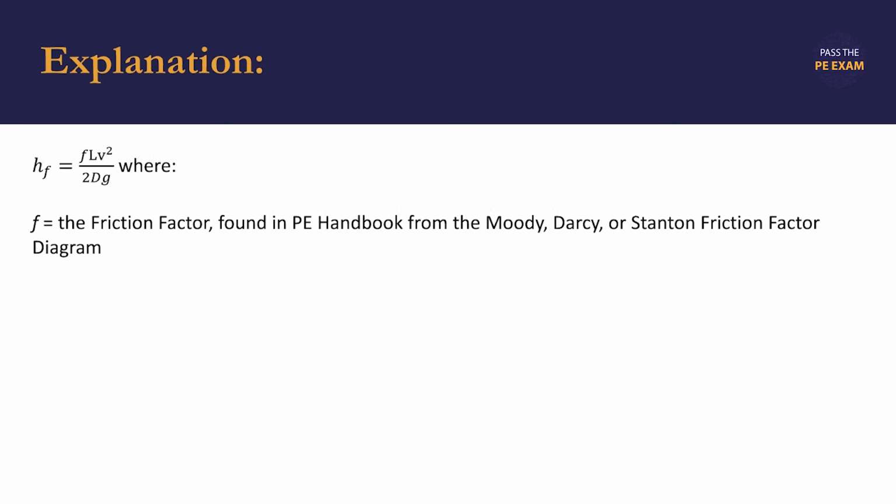F, the friction factor, is found in the PE Handbook within the Moody, Darcy, or Stanton friction factor diagram. We'll cover how to reference this diagram in a moment.